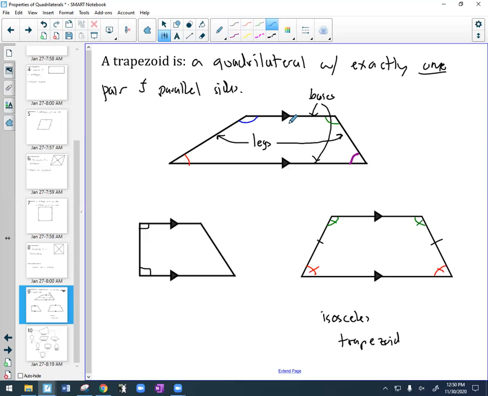And the diagonals are the same length, kind of like a rectangle. So if it's an isosceles trapezoid, there's some things you can say about it. If it's just a regular trapezoid, it's just kind of a trapezoid. We'll probably talk about these more than the other ones, only because there's more math you can do with them.